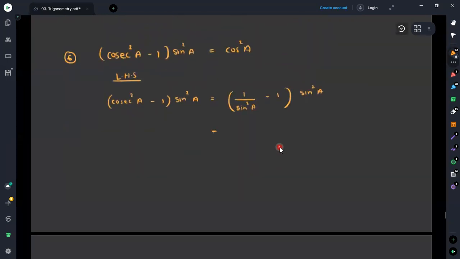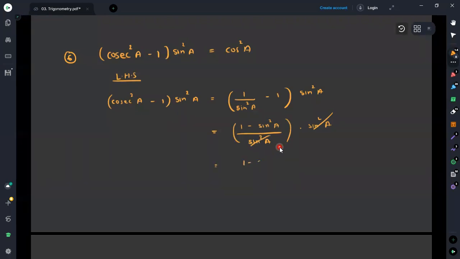using the reciprocal identity. Now I need to cancel out the sine squared. Apart from that, we need to take the common denominator. Therefore, we will take this as sine squared A, and here we will get 1 minus sine squared A, and this quantity is now multiplied with sine squared A. The quantities will be cancelled out since the denominator quantity is multiplied with this.